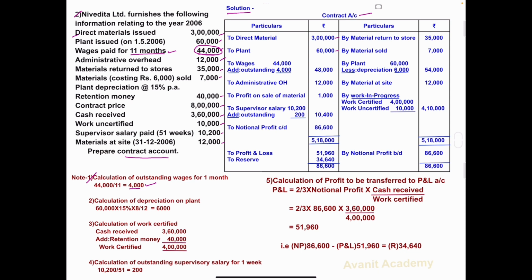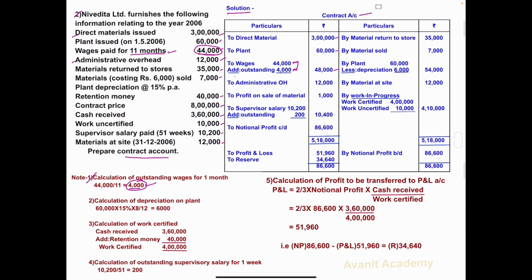Come to the solution part. To wages, write in inner column 44,000. Add outstanding, just we calculated this 4,000. It is to be added. Now add these two figures, 44,000 plus 4,000. The total is 48,000. Clear? Next item, administrative overhead.